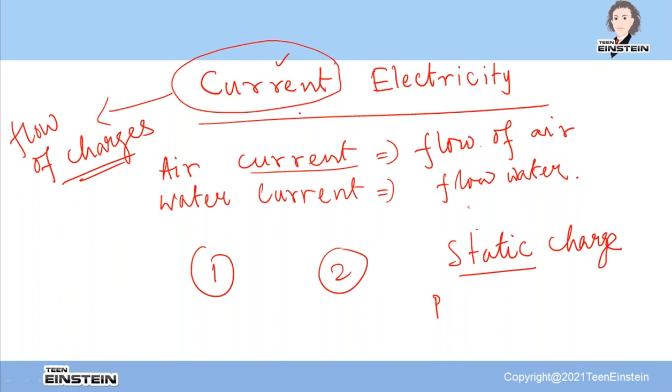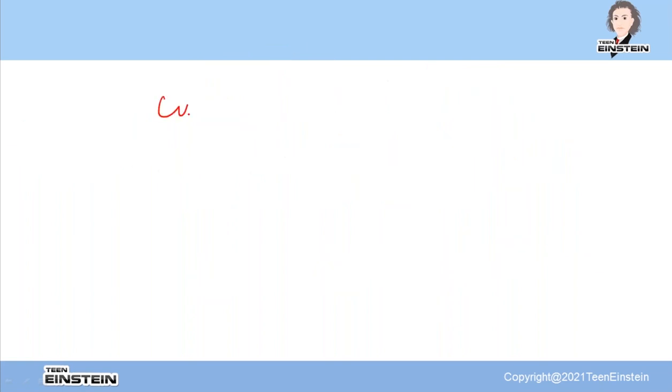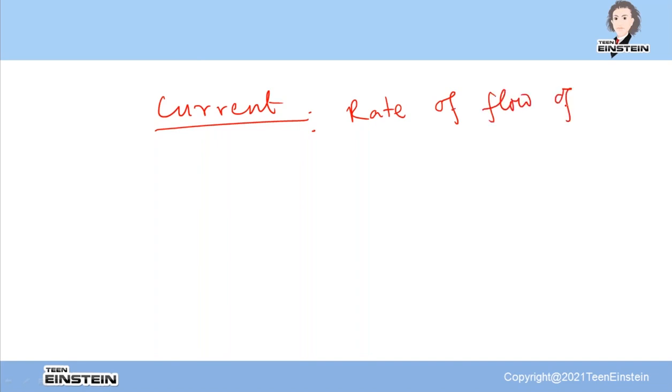Today we'll be dealing with the motion of the charges, which sets up a current. Current means flow of charges, or rather, current means rate of flow of charges.